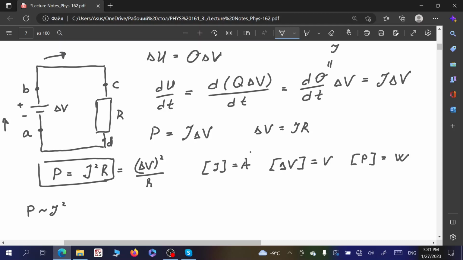Mobile charges experience an electric force. Between two collisions, during the time called the time of free flight, they are accelerated with constant acceleration if the electric field is constant, and then we can determine the drift velocity. Using the expression for drift velocity, the concentration of charge carriers and the magnitude of the charge, we can determine the expression for specific electrical conductivity.